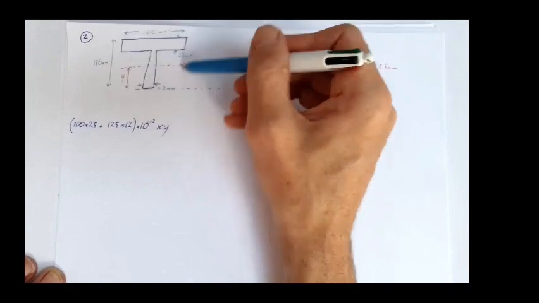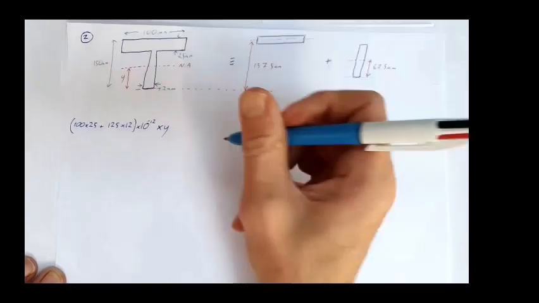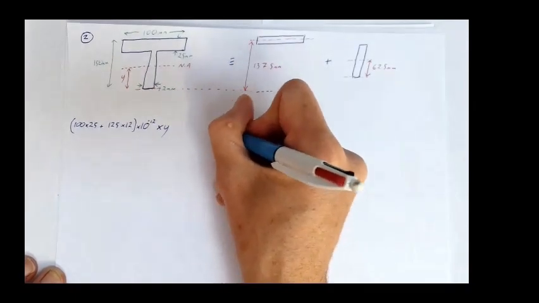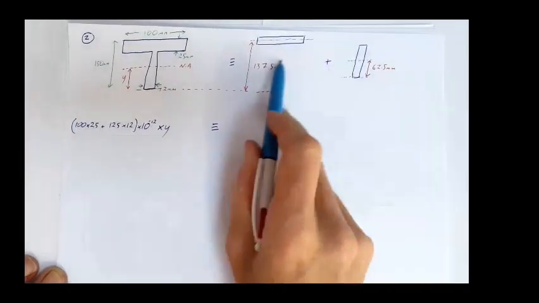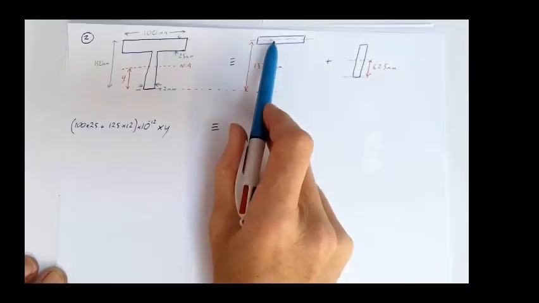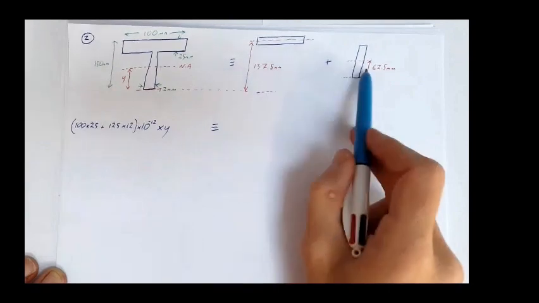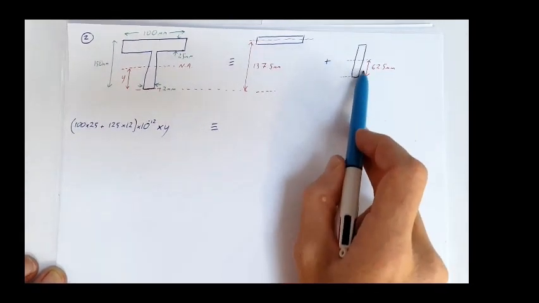My area times this distance to the neutral axis, and we're going to say that's equivalent to, what have we got here? We've got this area times this distance, and this area times this distance.